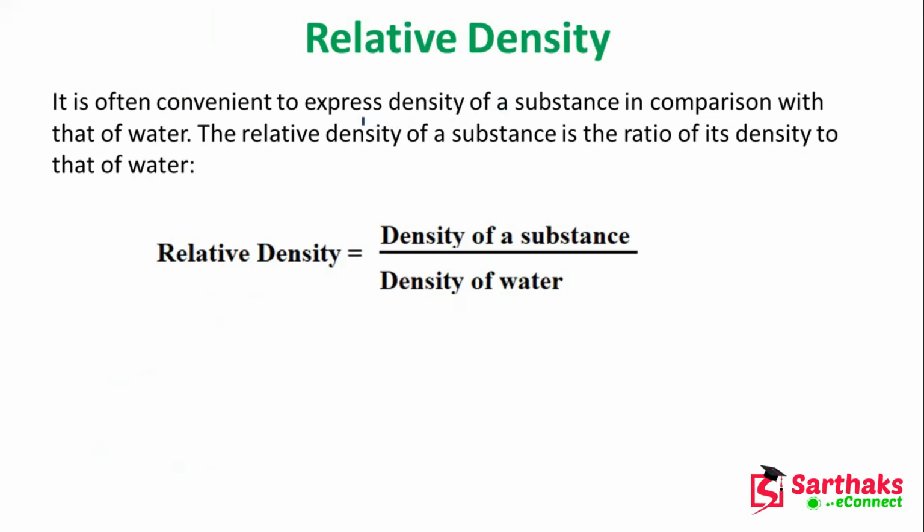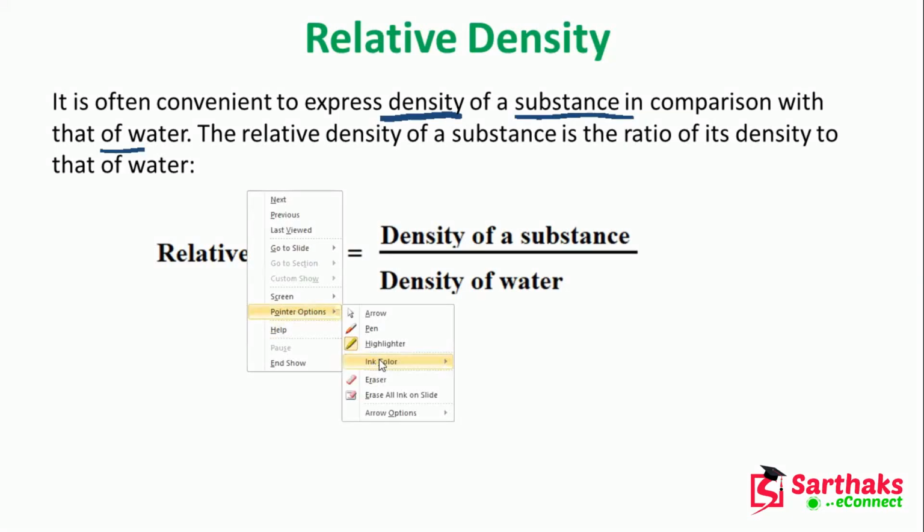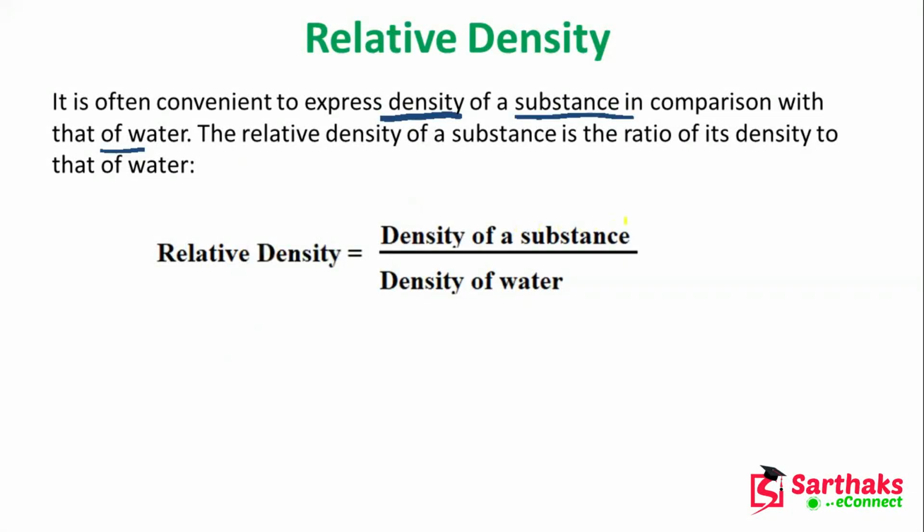It is expressed in terms of the density of the substance in comparison with that of water. Relative density is the ratio of the density of the substance to the density of water. Always remember this.